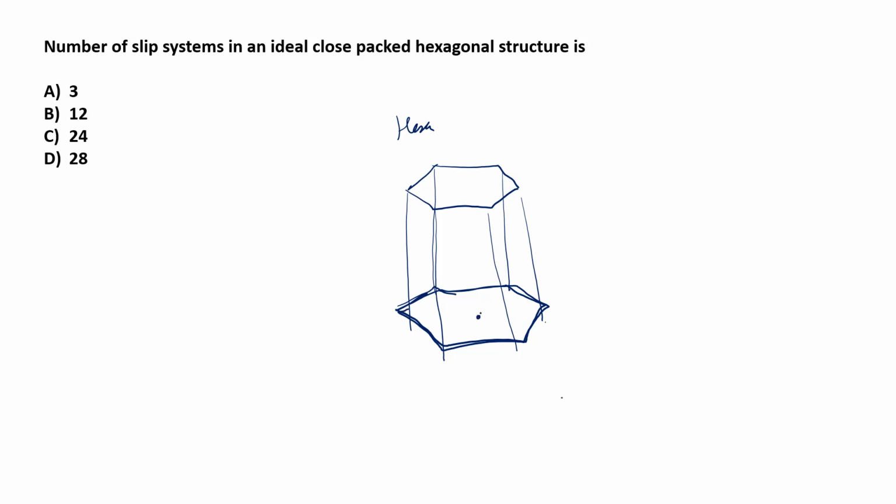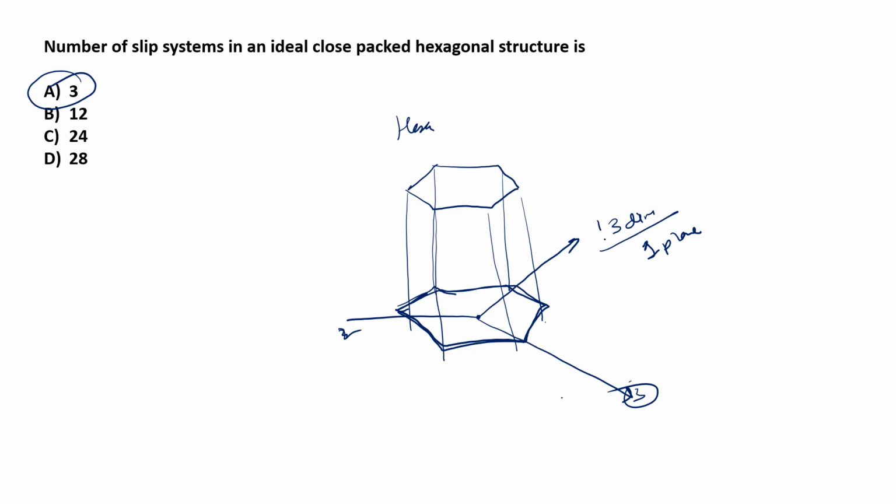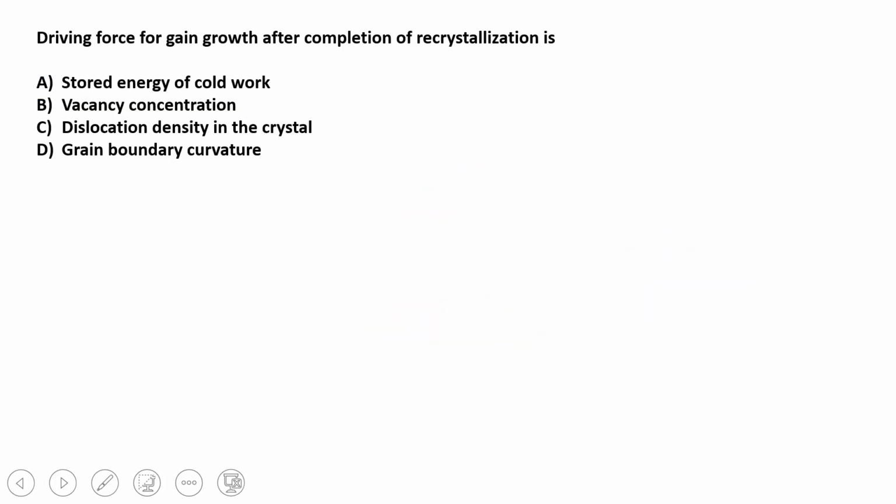And what are the slip directions? First this, second this, and third this. So there will be 3 slip systems, because 3 directions and 1 plane. So 3 into 1 equal to 3.